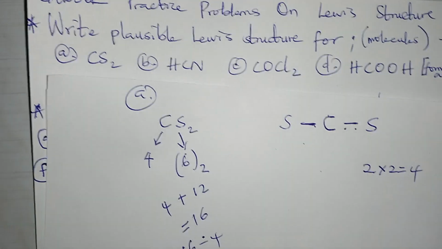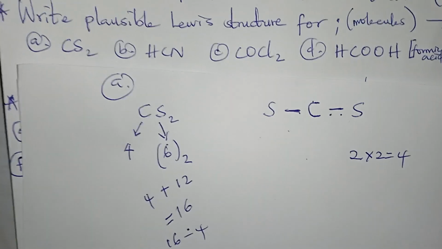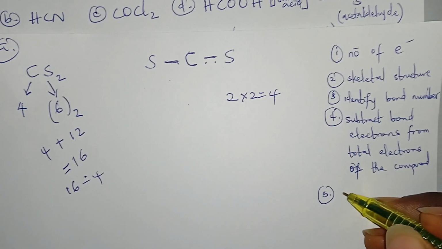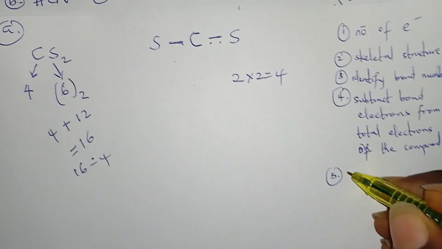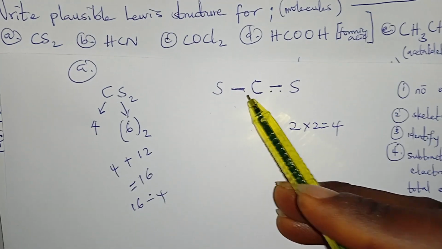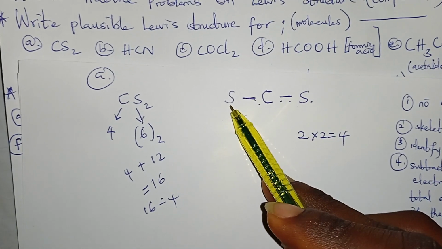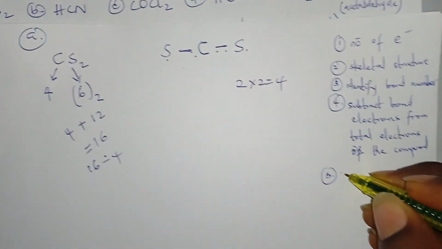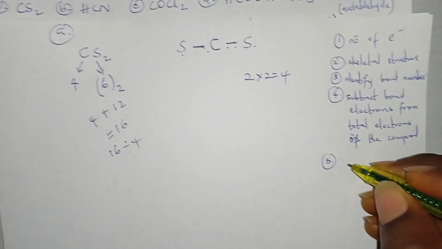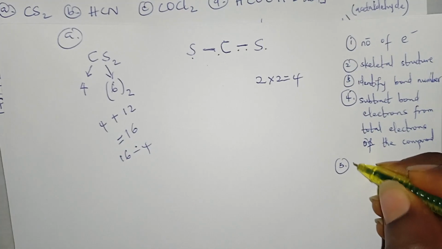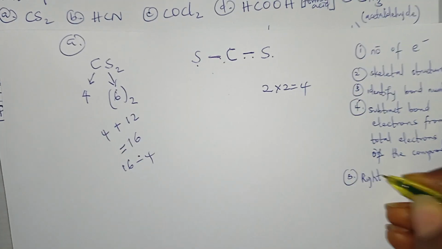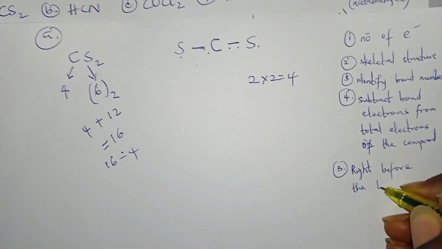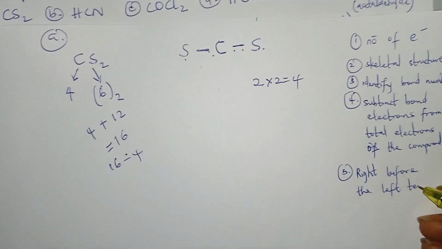Since I have that 12 now, the fifth step is to always start from the right, the terminal. You have C, central. This is the right terminal, and this is the left terminal. Always start from the right terminal to share your remaining electrons, first to the right terminal before the left terminal.